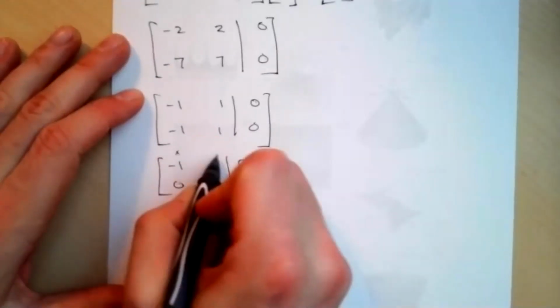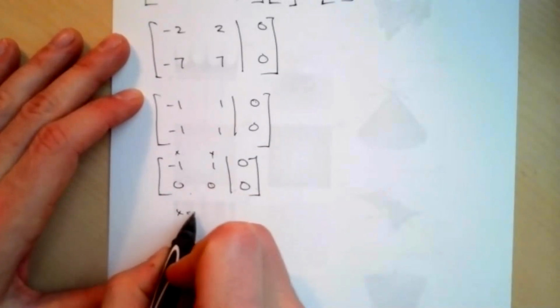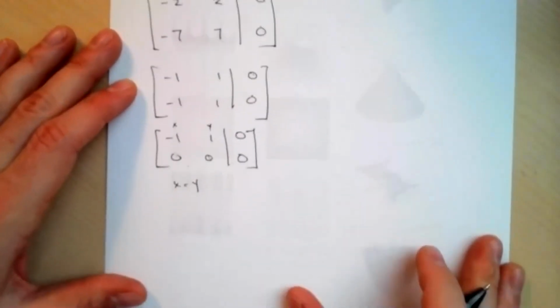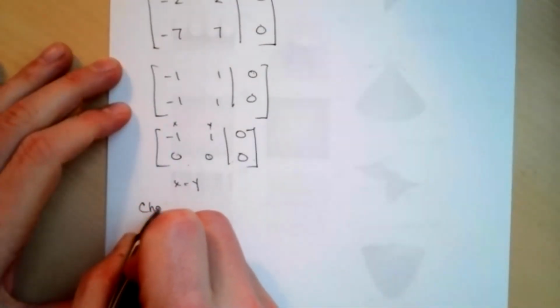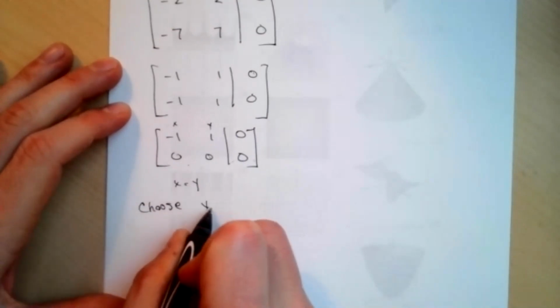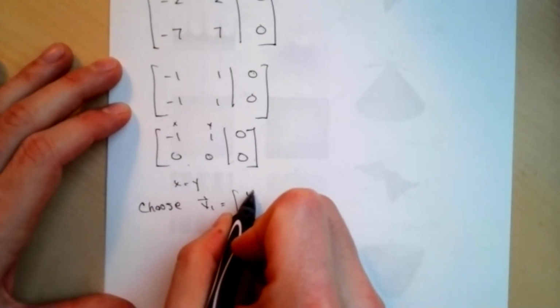And so, of course, remember x and y, this just says minus x plus y equals 0. So x equals y is our only constraint. So we could choose v1 equal to 1, 1.